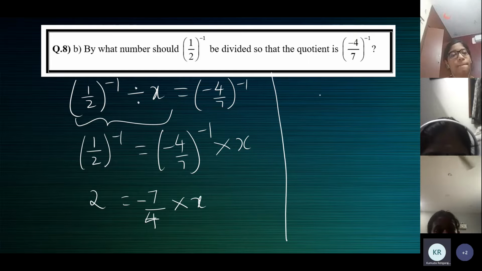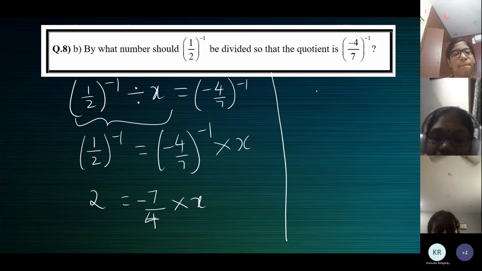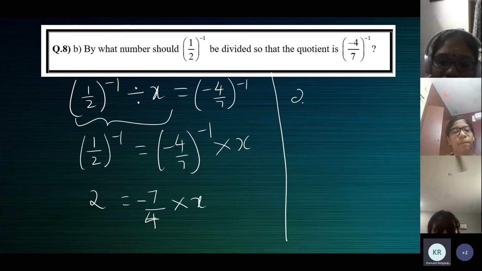Then what will happen to minus 7 by 4 when you take it to the other side? It becomes plus 7 by 4? No, not plus. It's minus 7 by 4 into x, multiplication. So it will become its reciprocal on the other side.